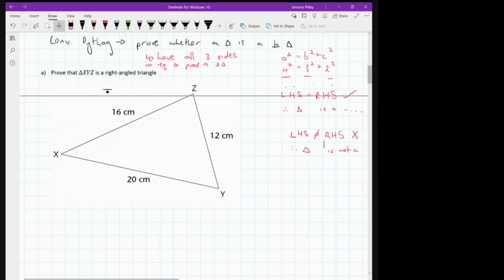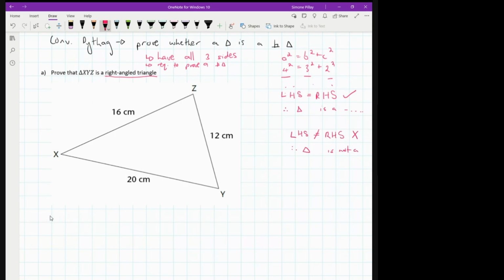The first thing I see is that my question says, prove that triangle XYZ is a right angled triangle. I know the only tool I can use to prove that something is a right angled triangle is Pythagoras. To be more specific, right now we're using the converse of Pythagoras because I don't actually know whether this is a right angled triangle.